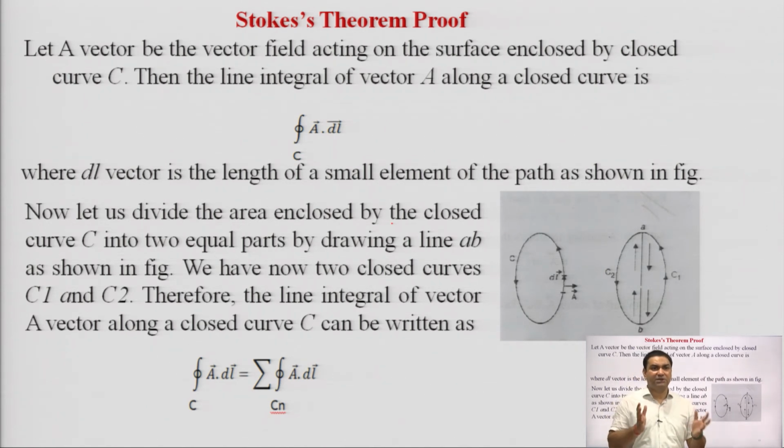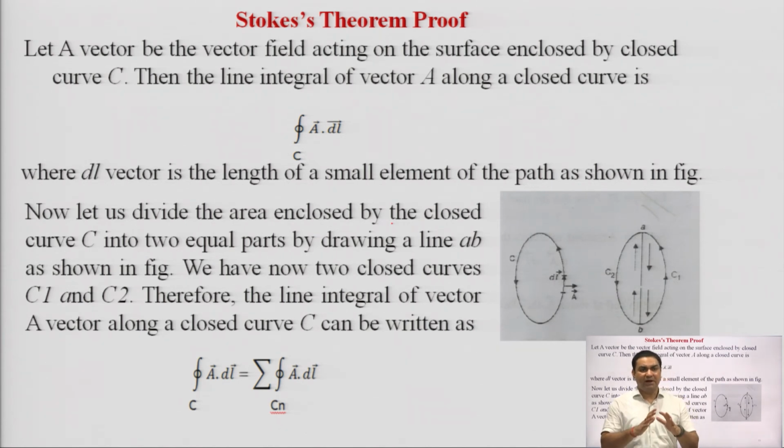Take a vector field A, and a surface enclosed by a curve C. Then the line integral of the vector A along the closed curve is the closed line integral of A dot dl, defined only for the closed curve C, where dl is the vector length of a small element of the path given in the figure.